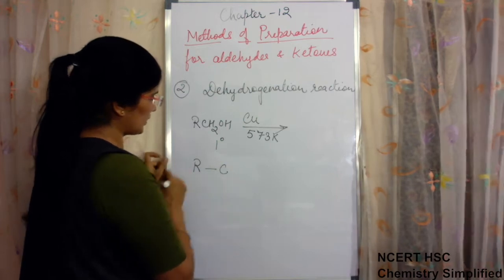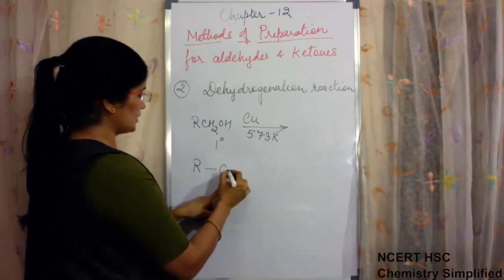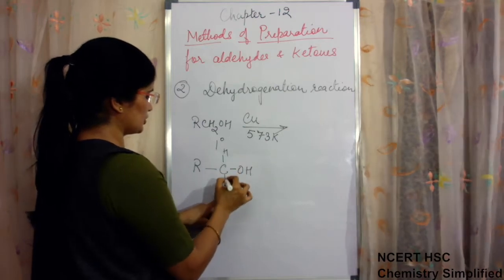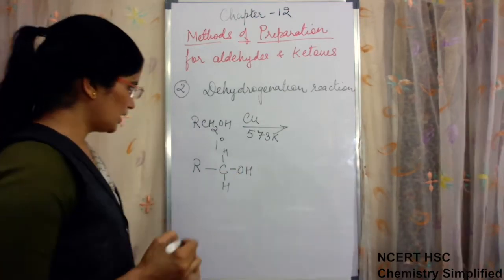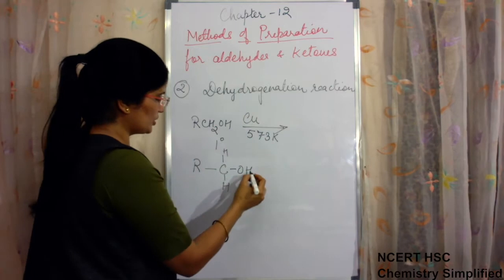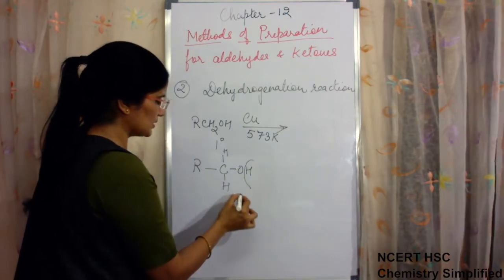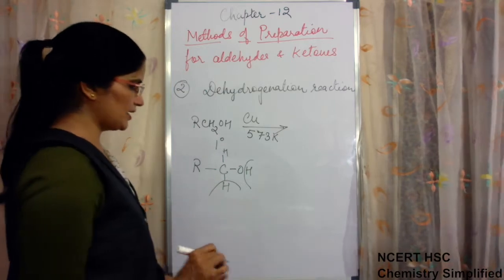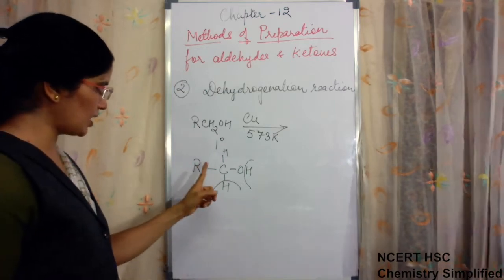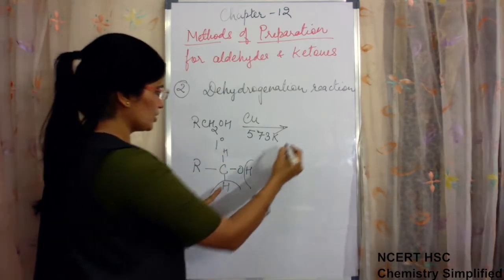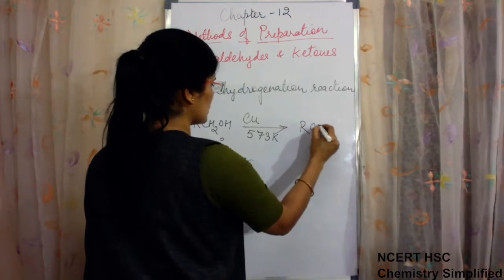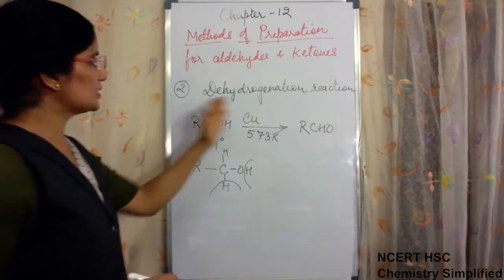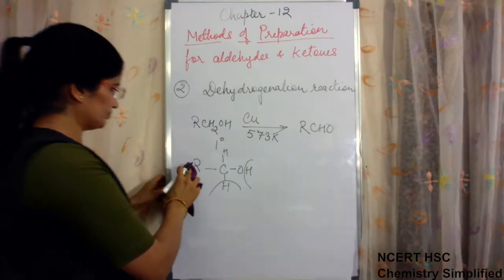Dehydrogenation, discussed by us: RC, here is OH, this C has 1 H here, 1 H here. In dehydrogenation, 1 H from oxygen and 1 H from this carbon is lost, minus H2, and what is left is RCHO. So we get RCHO. Aldehyde is obtained by dehydrogenation.